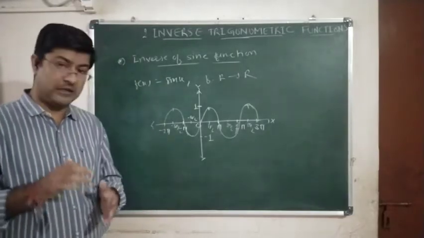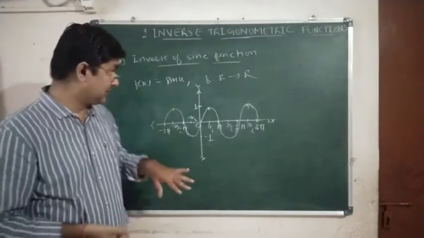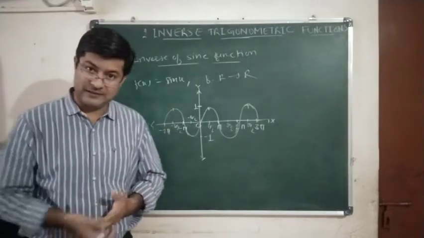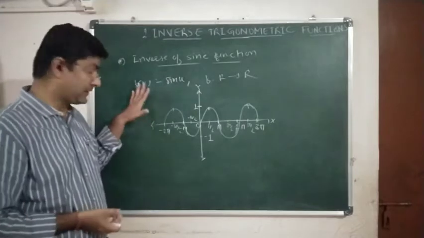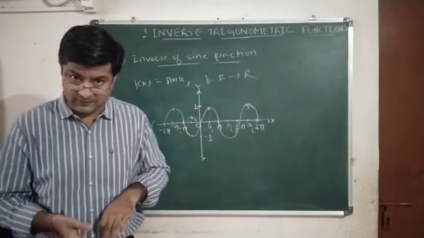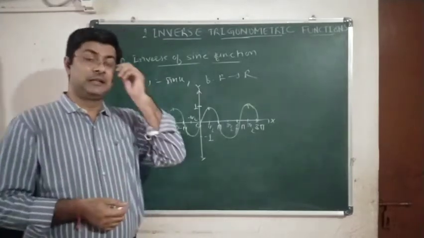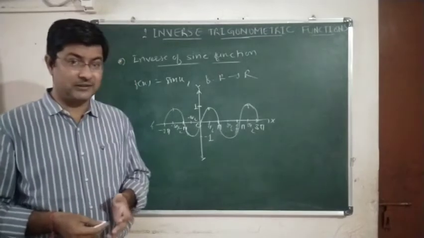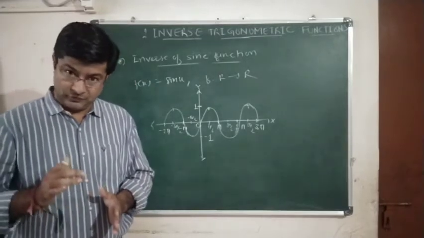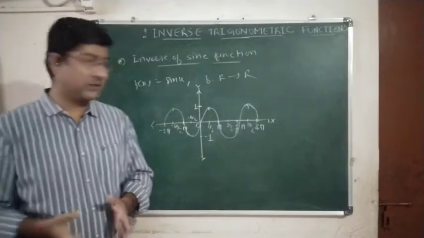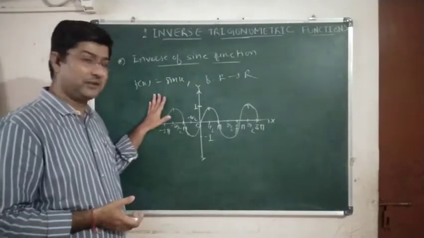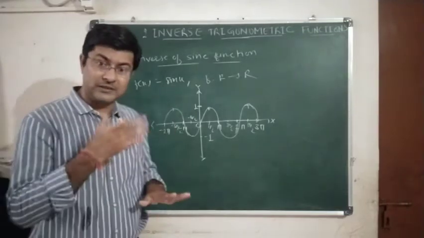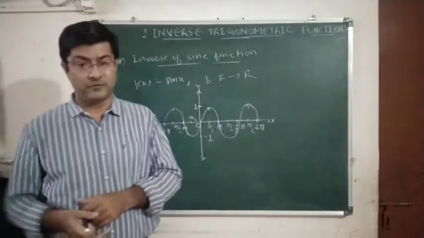So how to make it possible that we can convert this function into an invertible function? Obviously, if we want the inverse of the sine function, we have to convert this function into a 1 onto function.